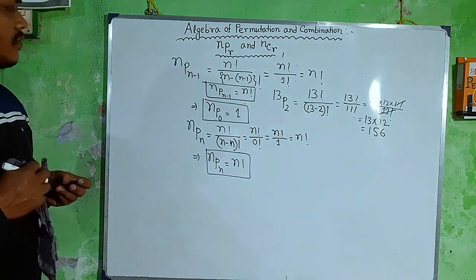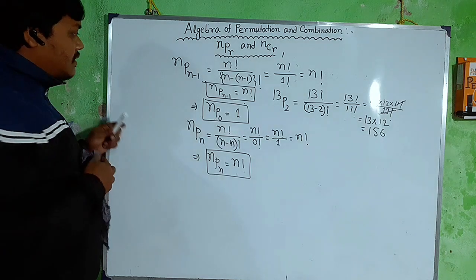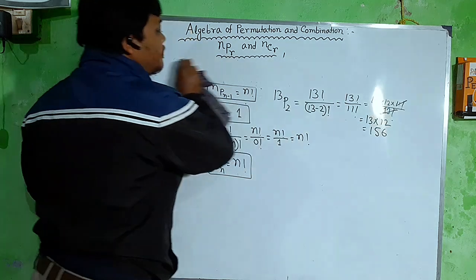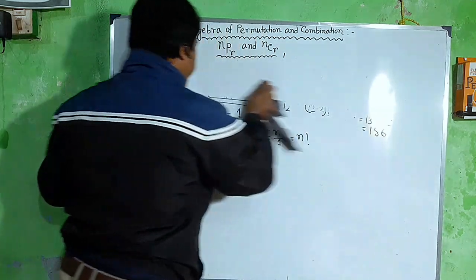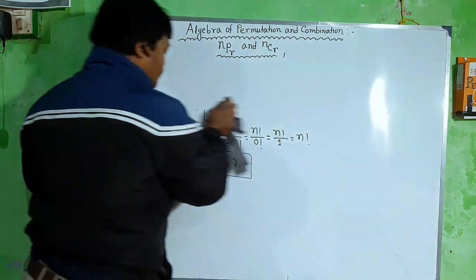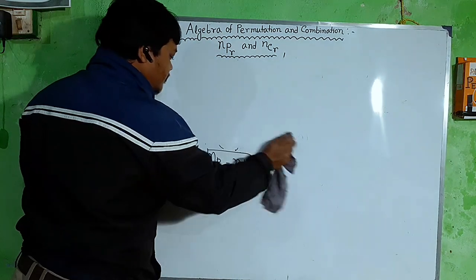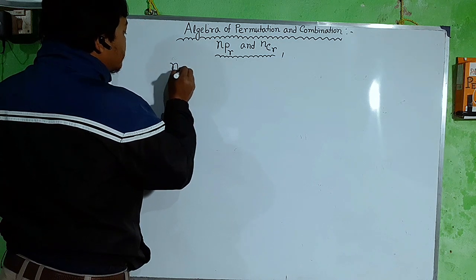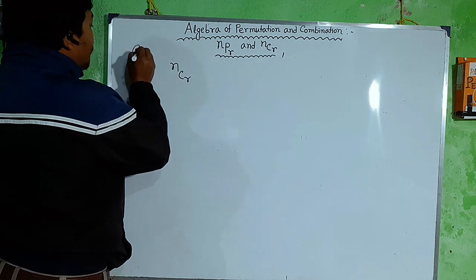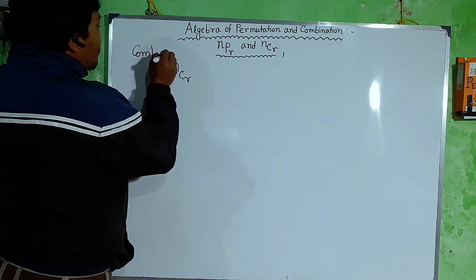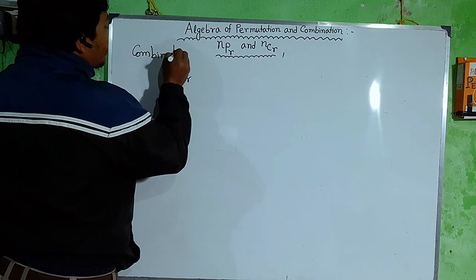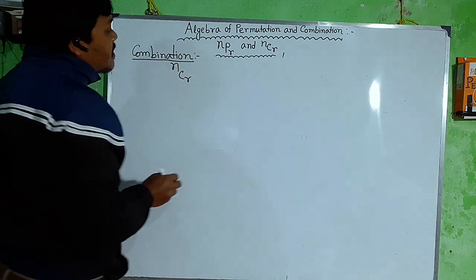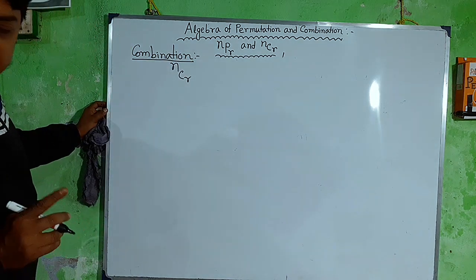Next part, we will discuss nCr. I erase this part. nCr is sometimes called combination. In Bengali it can be said as samabay, and permutation is known as binyas.